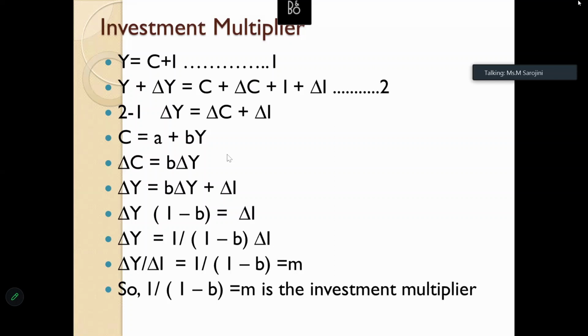We also calculated the national income when there are changes in the investment: what happens when the investment increases, and when it decreases. Those things you have to understand very clearly.